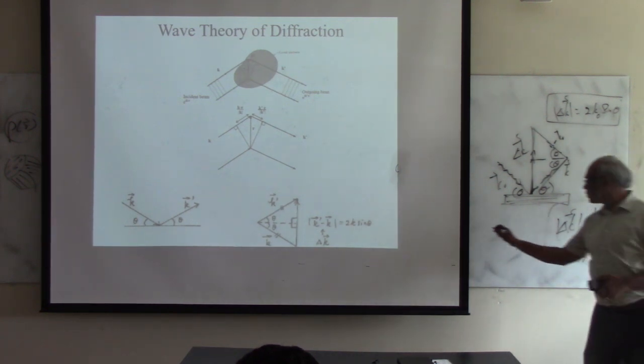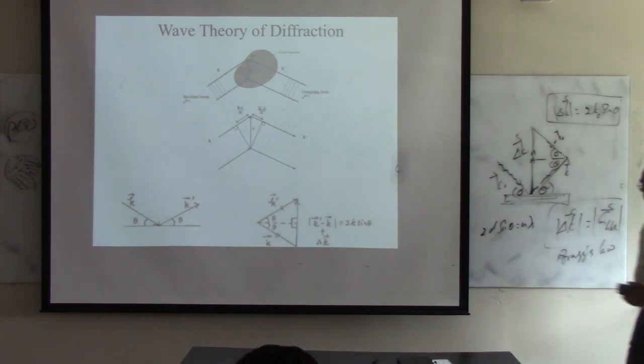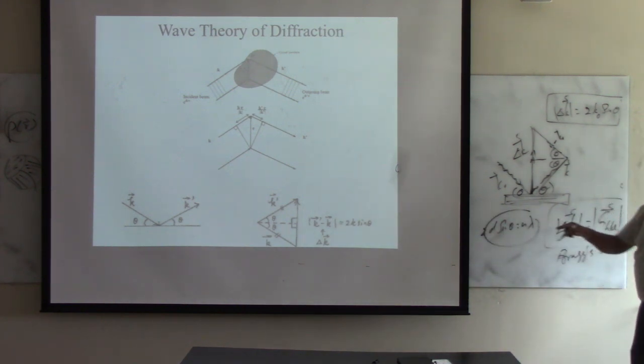Remember, Bragg's law was 2d sine theta equals n lambda, right? So from here you can get that equation easily, right? If you write this one as G, see whether you can get that relationship. That's easy, right? Actually, I'm going to show that one.